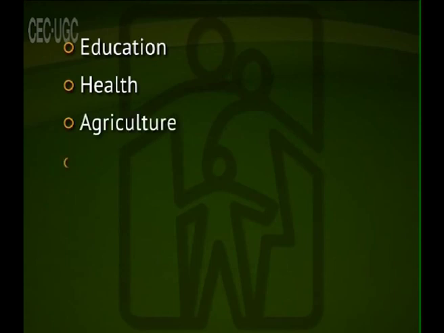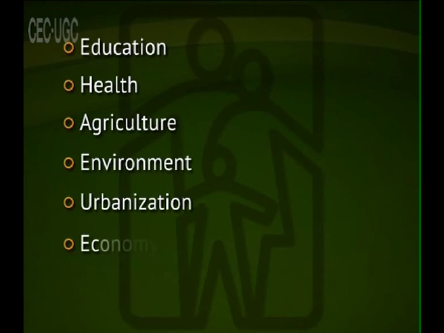Though the principal outcome of family planning caters towards the health aspect of women, fetal, infant and child health, it overall stabilizes as well as lowers the rate of population growth, benefiting all aspects of development such as education, health, agriculture, environment, urbanization, economy, as well as poverty alleviation.